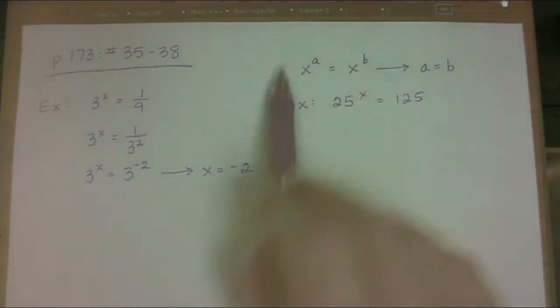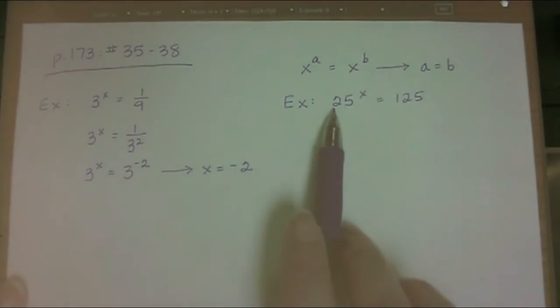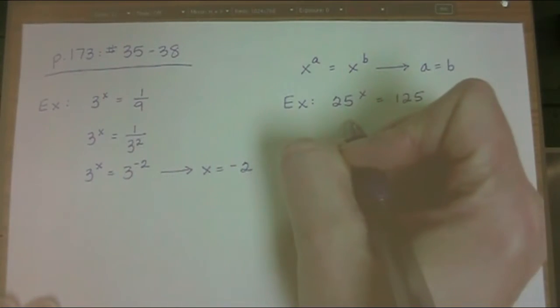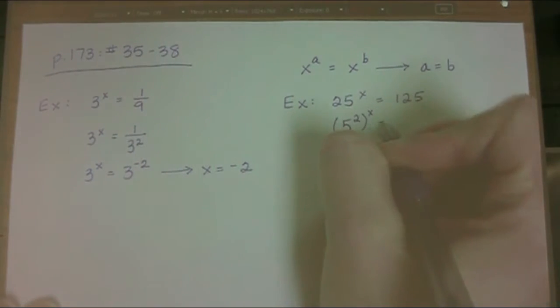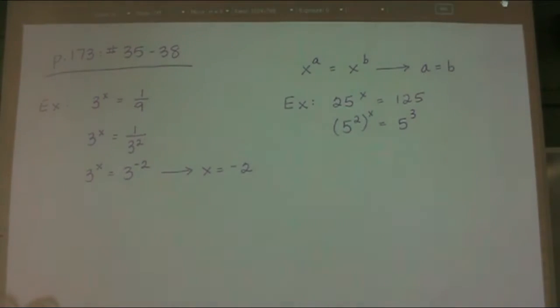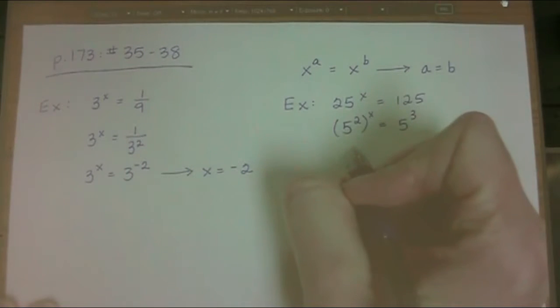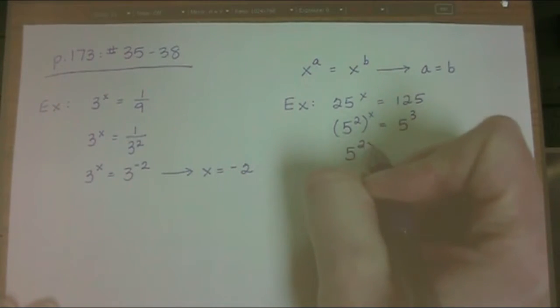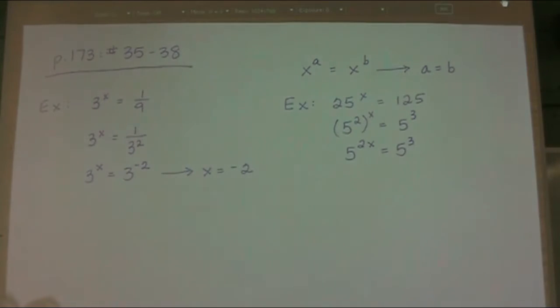What I can do is write 25 as 5 squared. 125 is 5 to the 3rd power. I'm going to use my law of exponents on the left-hand side. My power rule says I multiply these powers. So this is 5 to the 2x power equals 5 to the 3rd power.